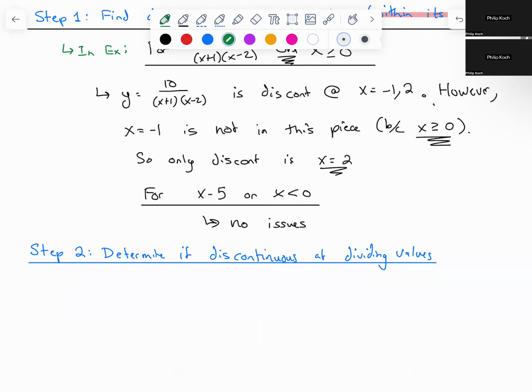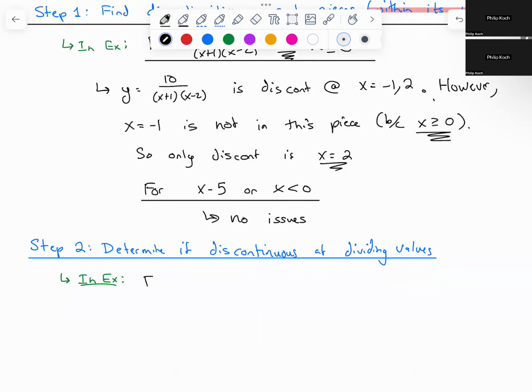In the example then, and by the way, as a reminder, continuity needs 3 things. You need the function to exist there, you need the limit to exist there, and they need to be equal, right? So, for x equals 0, that's our only dividing value.